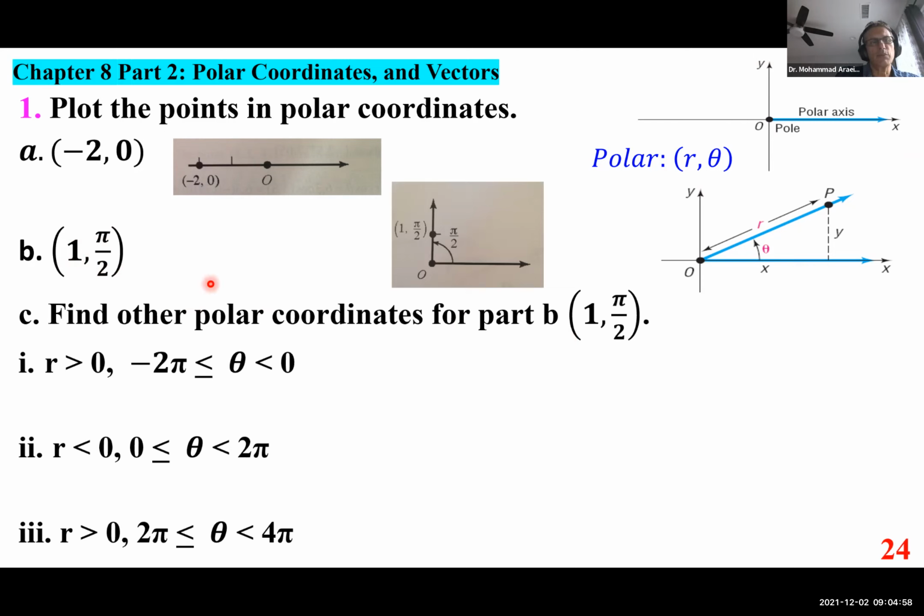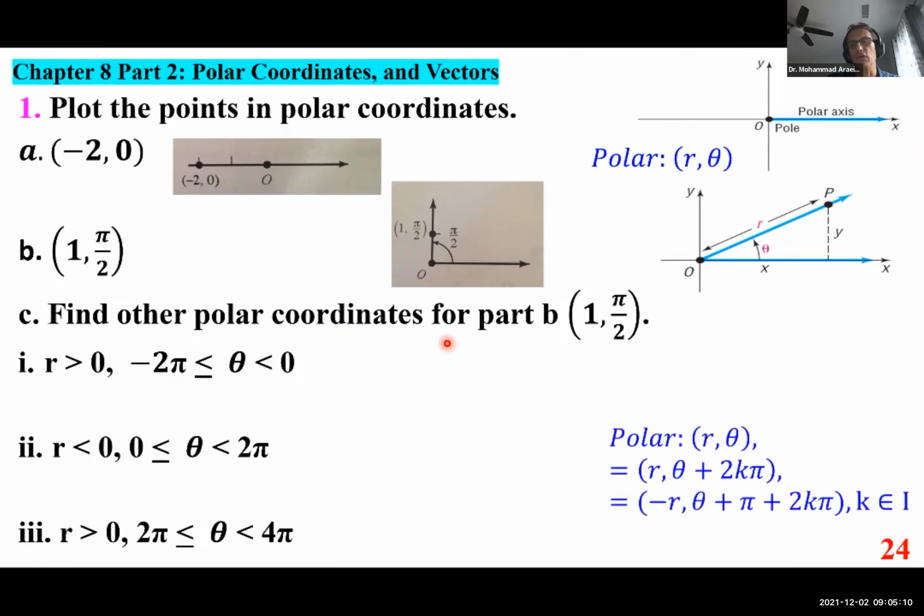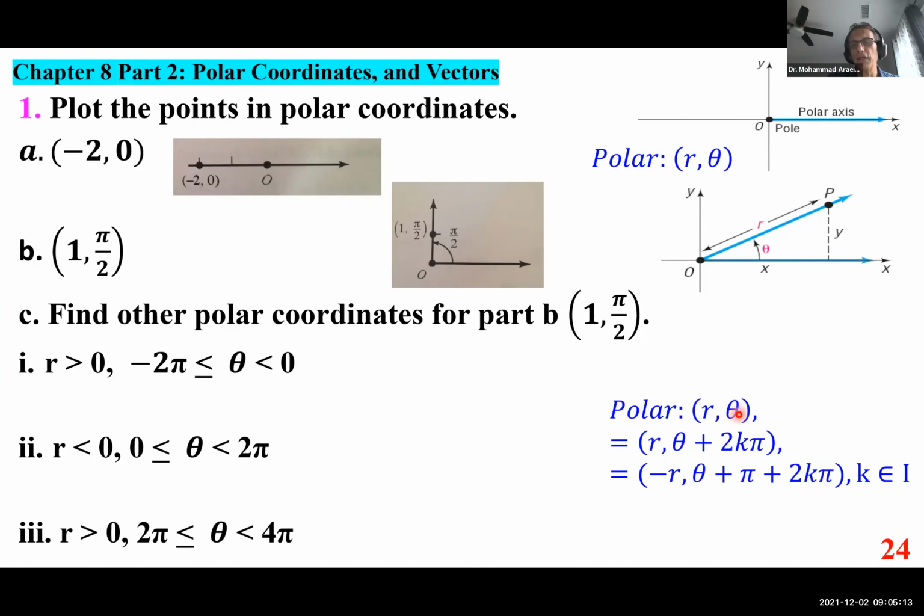Given this part B, 1 comma pi over 2, we want to find other polar coordinates, because polar coordinates are not unique. There are infinitely many different ways we can represent them as follows. If we have r and theta, we can add 2k pi, k is an integer, meaning even multiples of pi, like 2 pi, 4 pi, 18 pi, you name it.